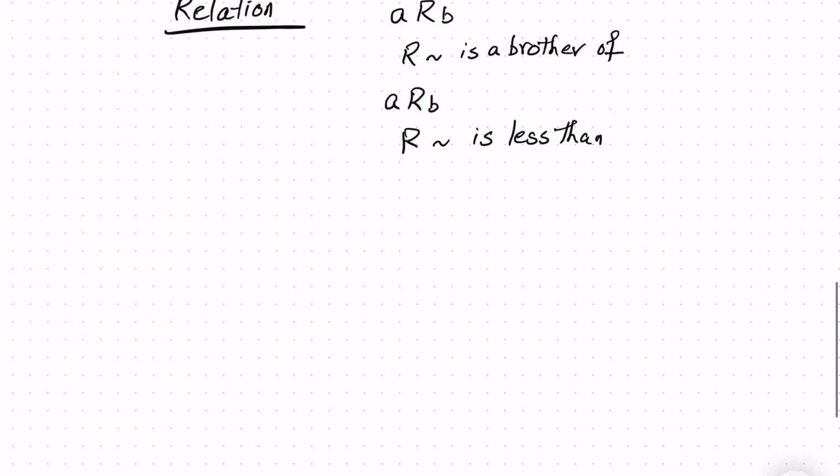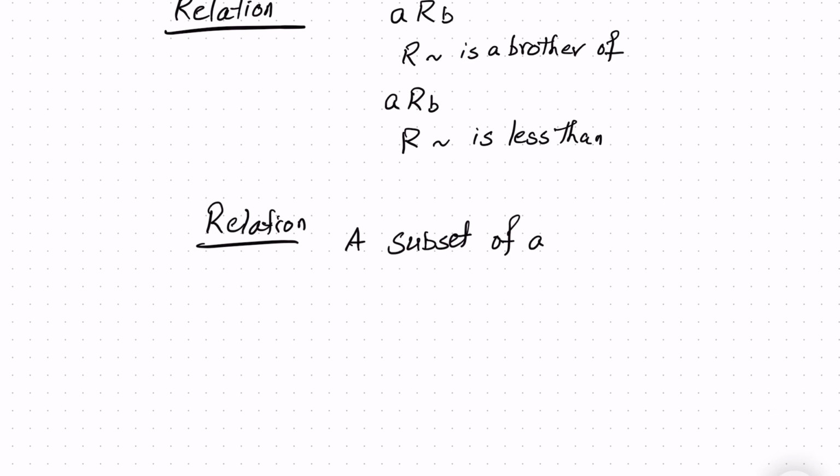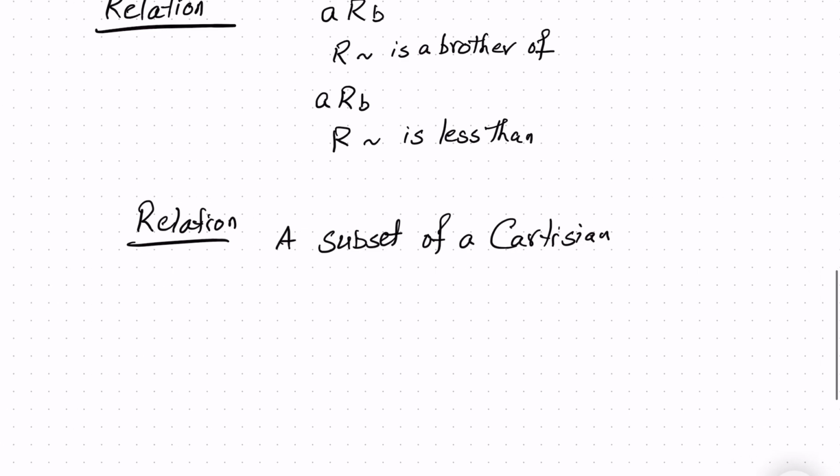So when we say what a relation is, we see the definition. It says that a subset of a Cartesian product is called a relation.